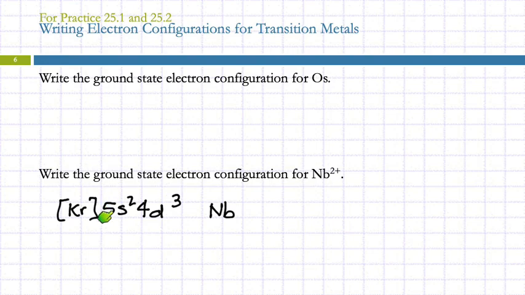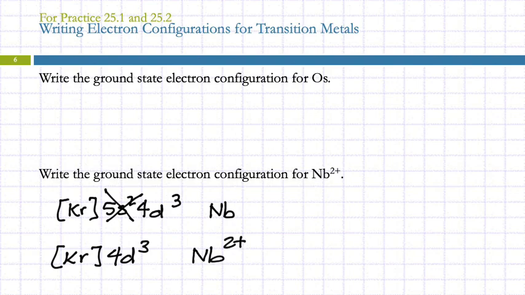We're going to lose them from the 5s because this is the valence shell. The valence electrons are lost first. They are on the outside. So it doesn't matter that these came in after, it's the valence ones. And since there's 2 there, we can just get rid of those. Goodbye. And krypton 4d3 represents niobium 2+.